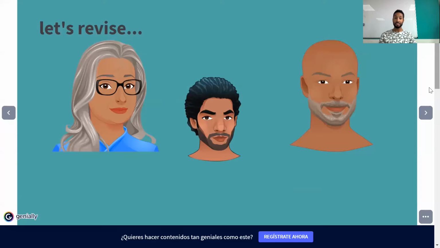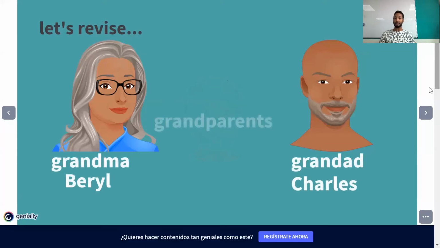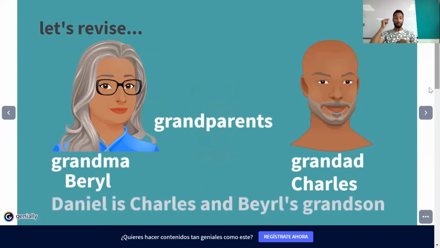So these are my grandparents. Yeah, that's my dad in the middle. So my grandma's called Beryl and my granddad's called Charles, and together they are Daniel's grandparents. So Daniel, me, is Charles and Beryl's grandson. So let's see if you can practice it with your grandparents.